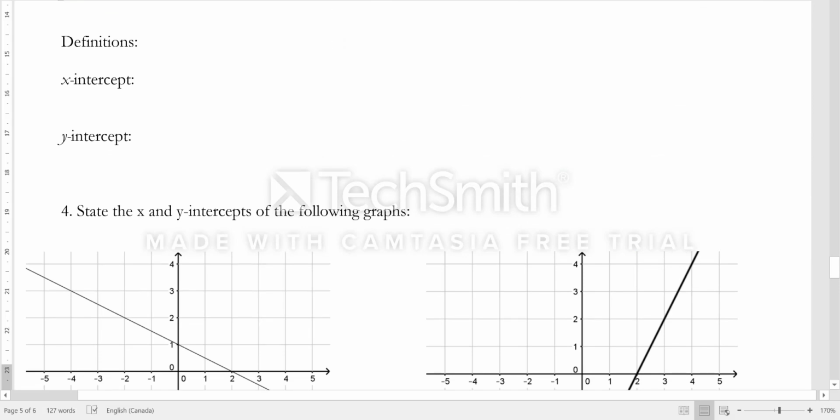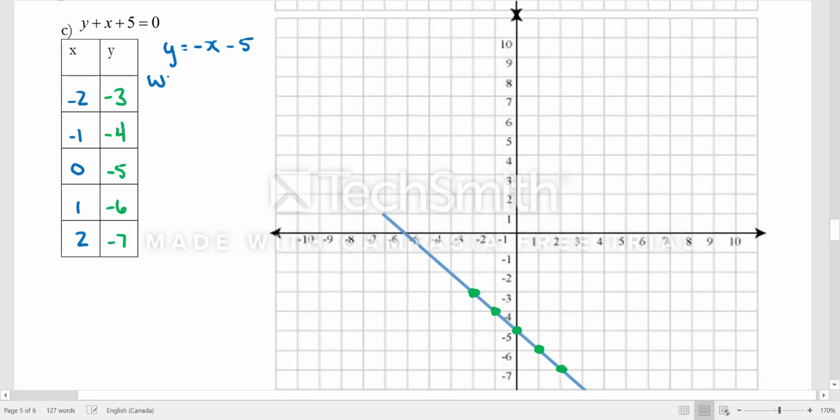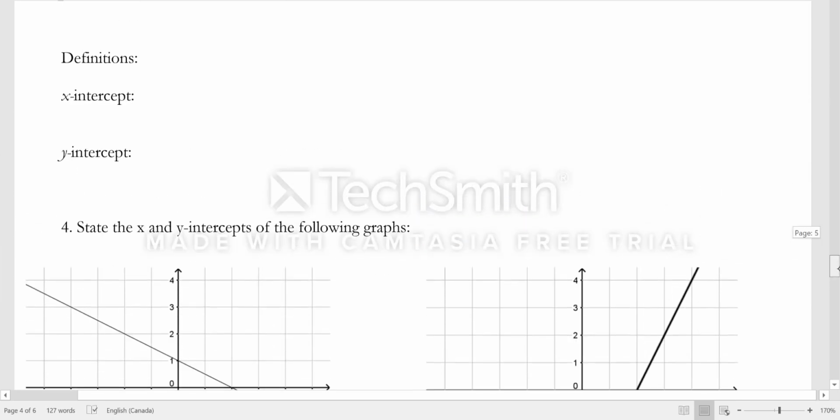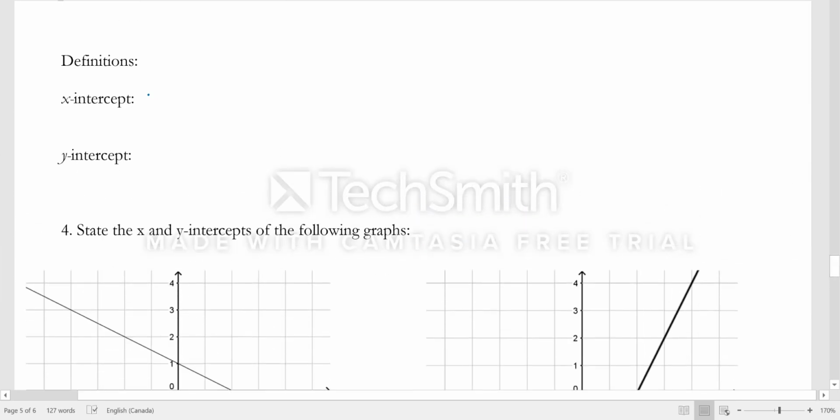Okay, it's about reading the graphs and understanding a different part of the graph with a couple definitions. So you have a definition of x-intercept. An x-intercept is where the line crosses the x-axis.